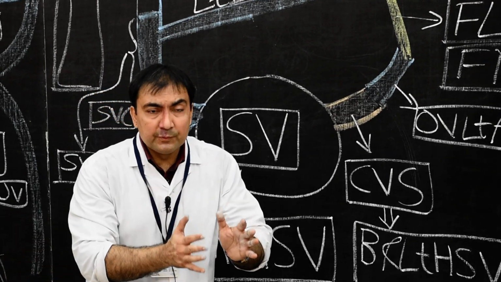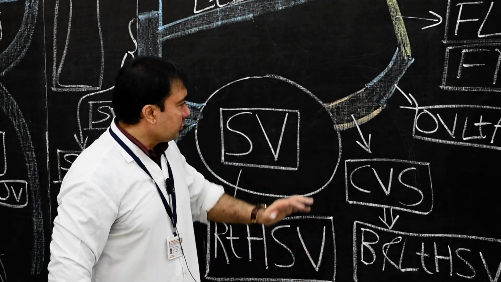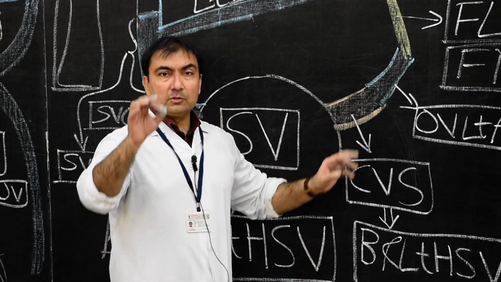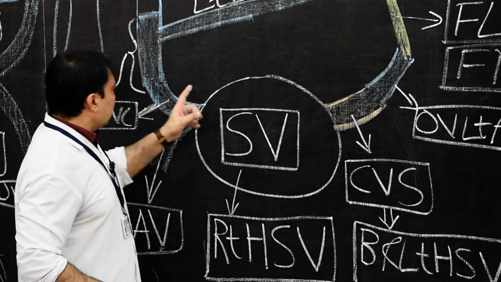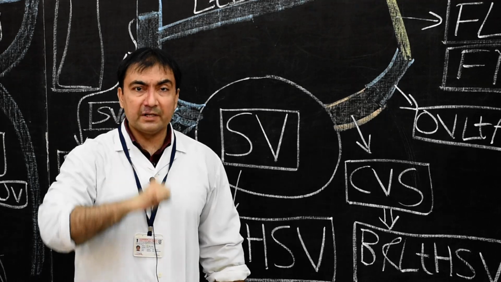The body of sinus venosus and the left horn will completely develop into coronary venous sinus, or it is called coronary sinus. Right duct of Cuvier will develop into intrapericardial portion of superior vena cava.